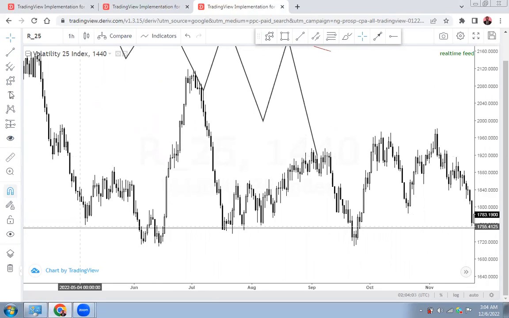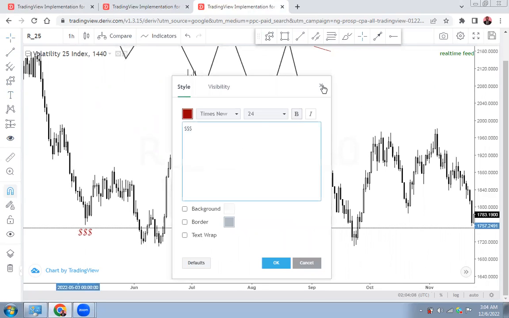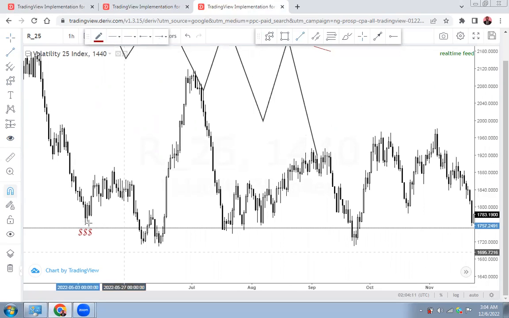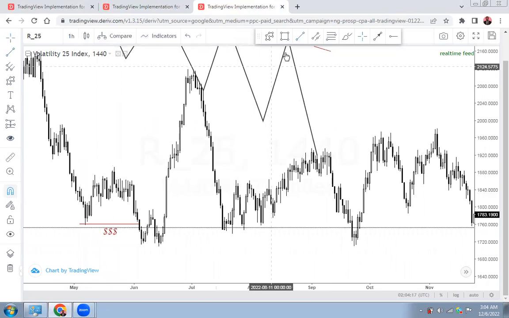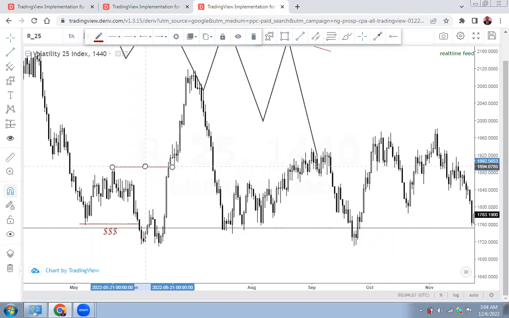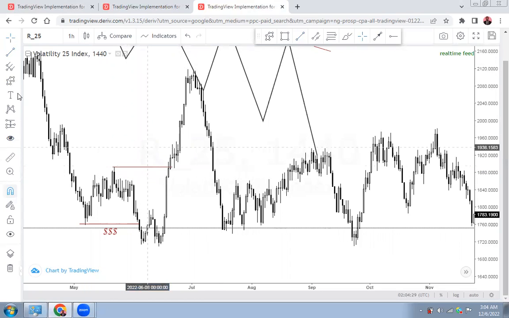This was liquidity here. Price cleared this. Price cleared this. This was liquidity here. And price closed and broke this. So this was a break of structure.